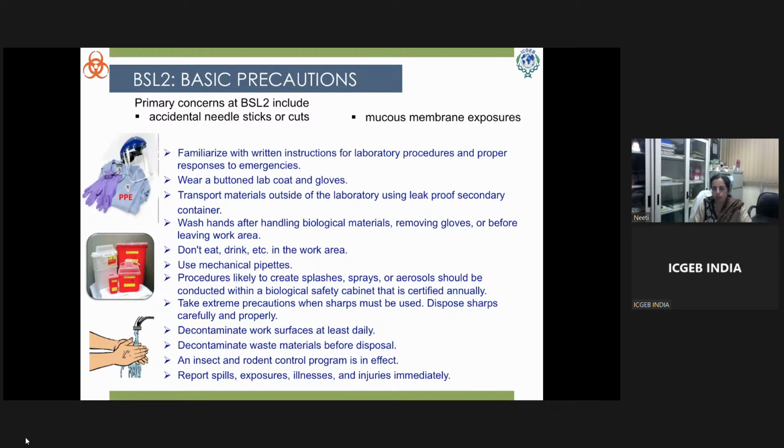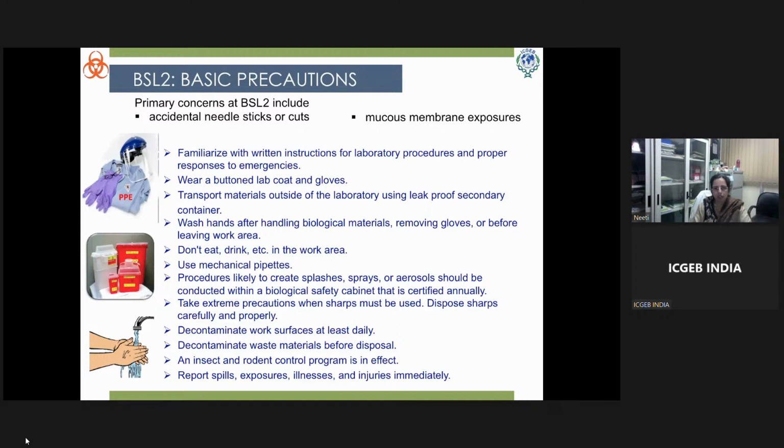Extreme precautions should be taken when handling sharps. I've already talked about it. You need to decontaminate the work surface daily, before and after beginning the work. Decontamination of waste materials before disposal is a very important procedural step and must be followed rigorously.